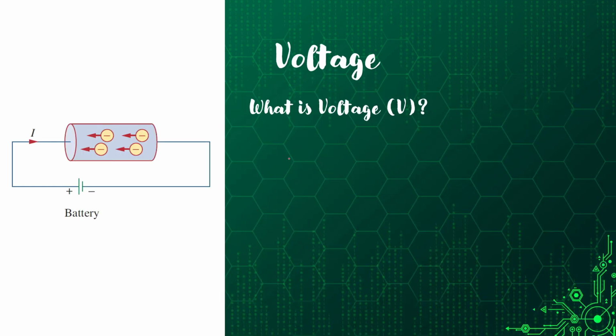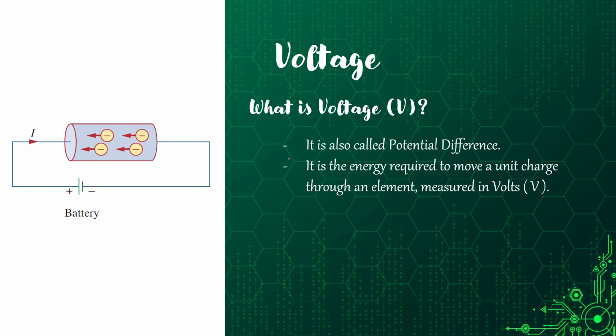So next is our voltage. What is voltage? It is also called potential difference. It is the energy required to move a unit charge through an element, measured in volts. Earlier we stated that charge is a measure of how many electrons exist on that object, in that area or volume.